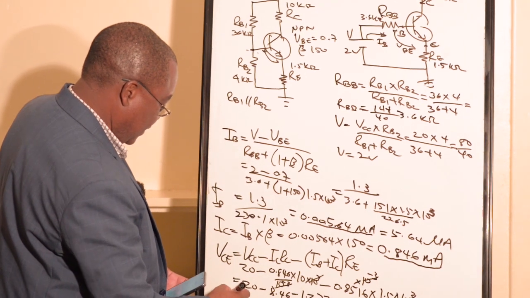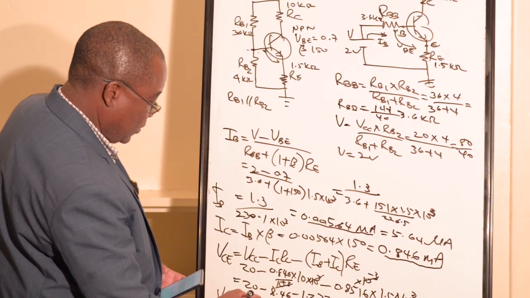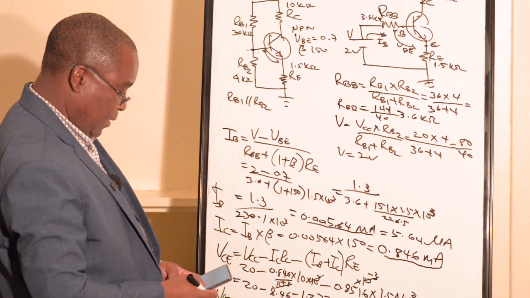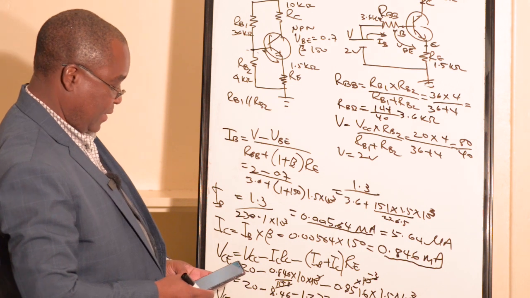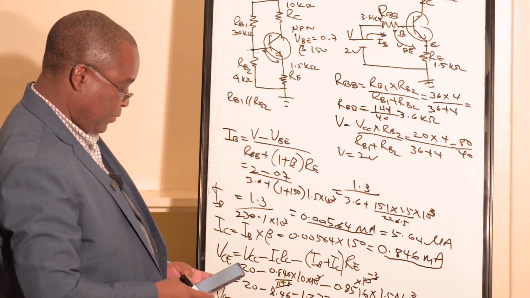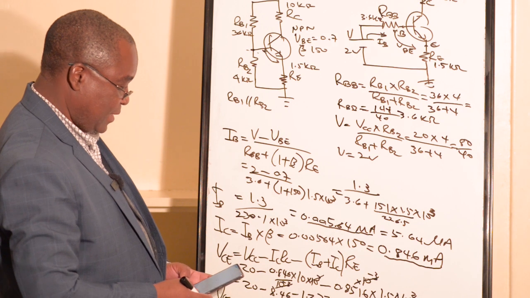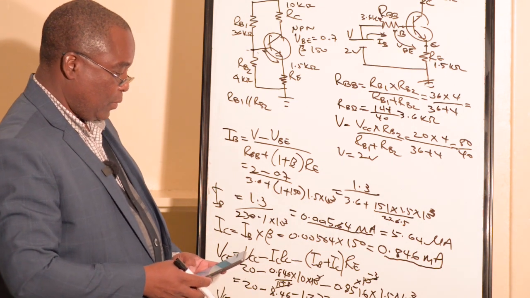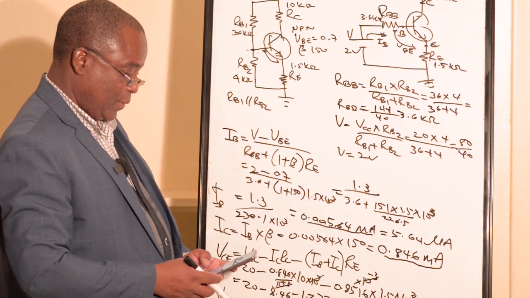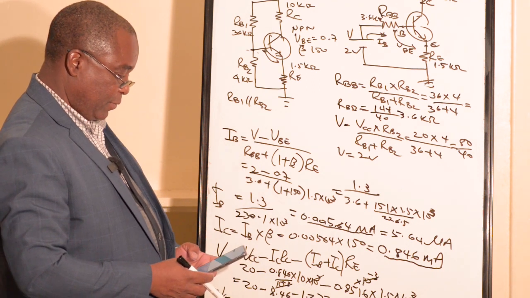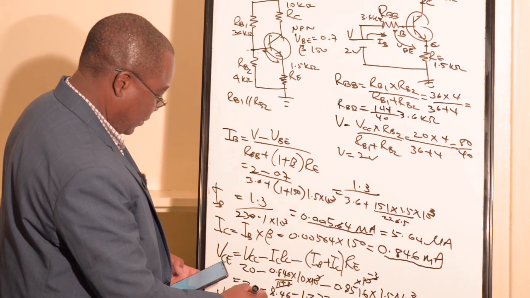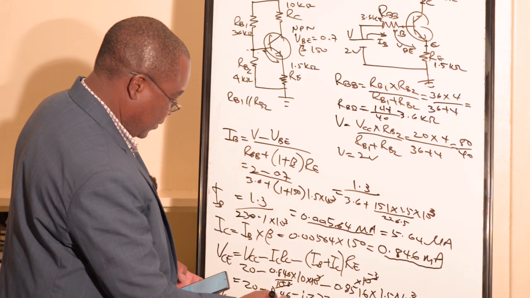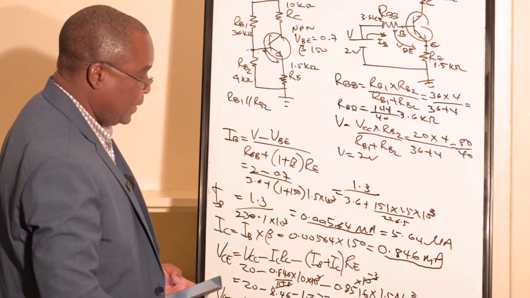So our VCE equals to 20 minus 8.46 minus 1.2774. We have 10.26 volts. This is our VCE.